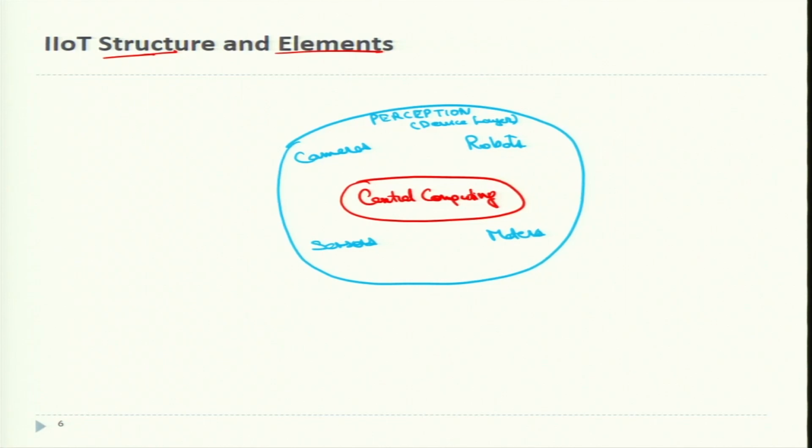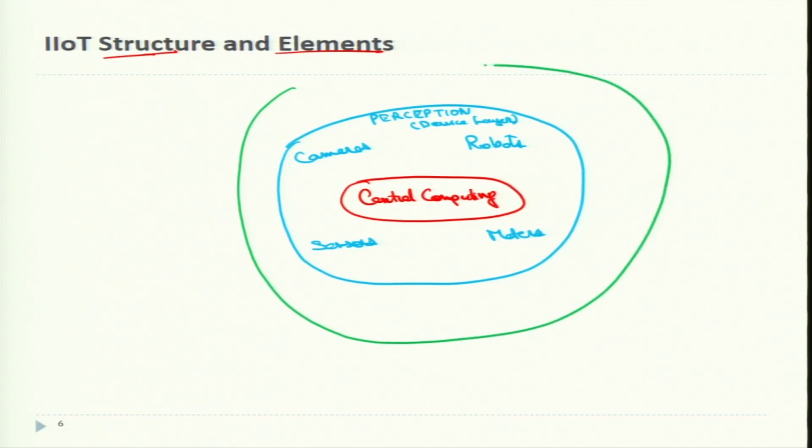That would be sent to a web service or to a cloud through a second layer that we call the network layer. In the network layer, we have routers.